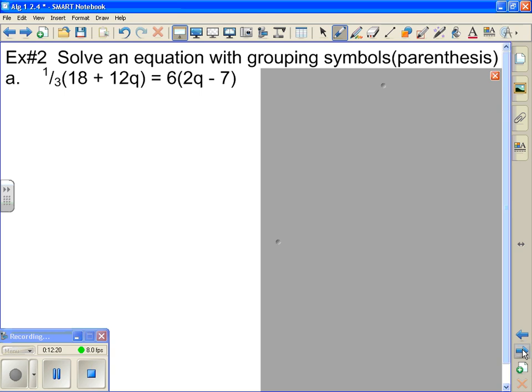Okay, I added some parentheses to this problem, so we're going to have to go back and do step 1. Please write down the example so we can do the first one together.